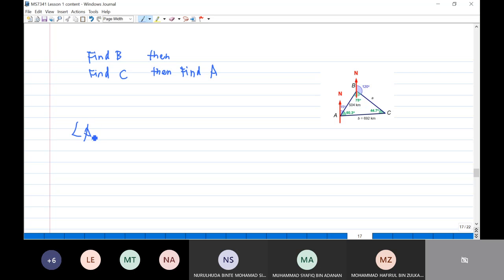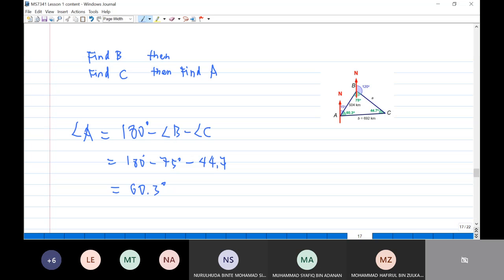Total angle of the triangle is 180 minus angle B minus angle C, right? Angle B is 75. Angle C is 44.7. And then you can find that angle A is 60.3. So find B first, easy. Then you can use the sine rule to find C. Afterward, you use the triangle again, 180 minus the angle B and C to get A.